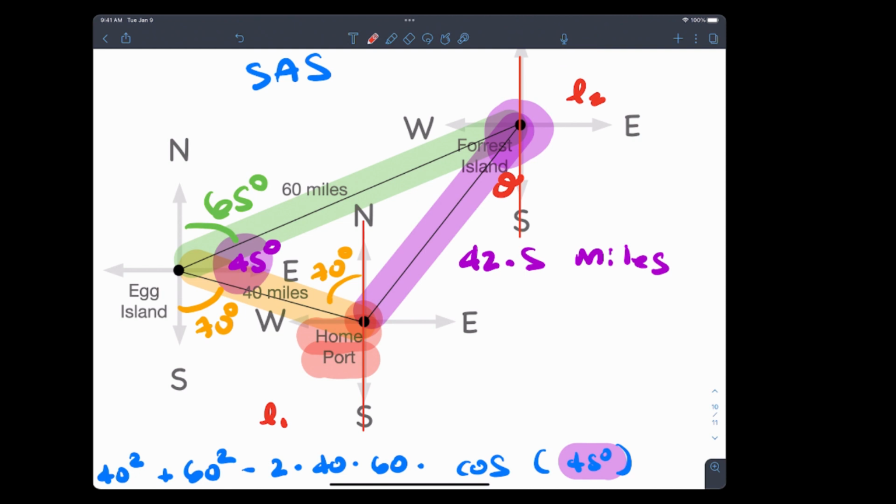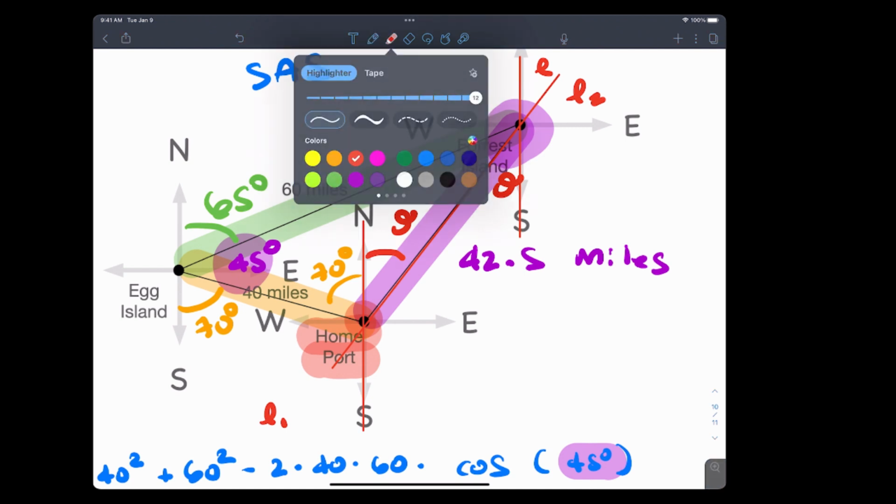And let's draw a nice diagonal line. That's L. What you want to see is that this angle is theta. That's what we're looking for, okay?